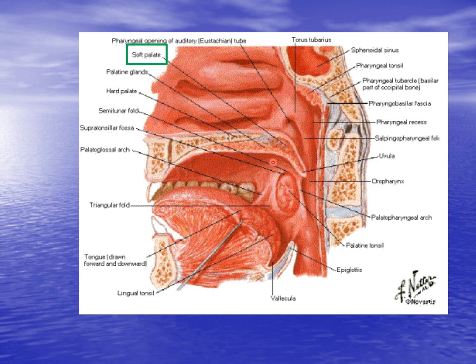You can see this fold here in front of the palatine tonsil. This fold comes from the palate to the tongue. This is called the palatoglossal fold. There is another fold here from the palate to the pharynx, the palatopharyngeal fold.